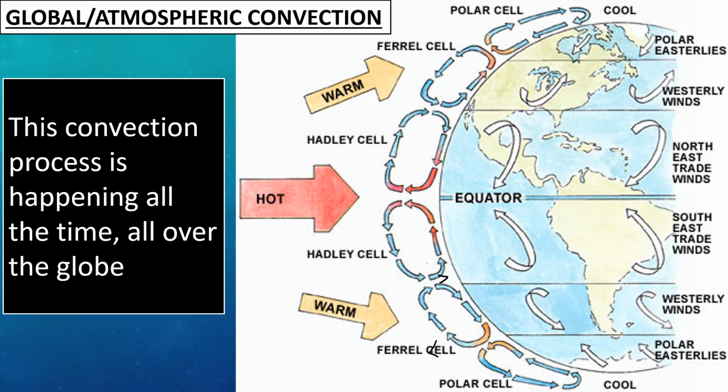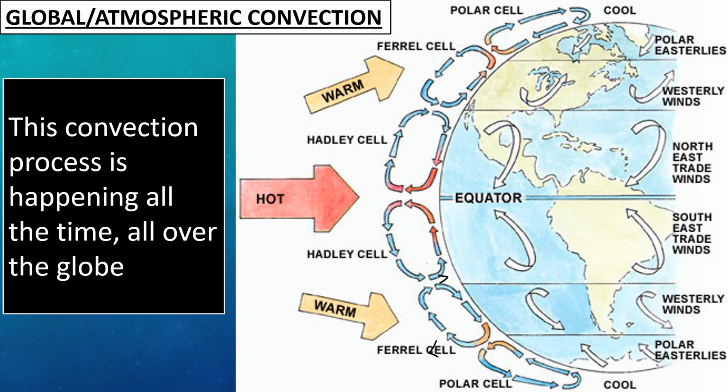And so this creates our global convection currents. And this is going to make different winds. The polar easterlies, the westerly winds, the northeast trade winds, the southeast trade winds, the westerly winds, and the polar easterlies. And you can kind of get an idea of what direction the wind is going to be flowing up there.